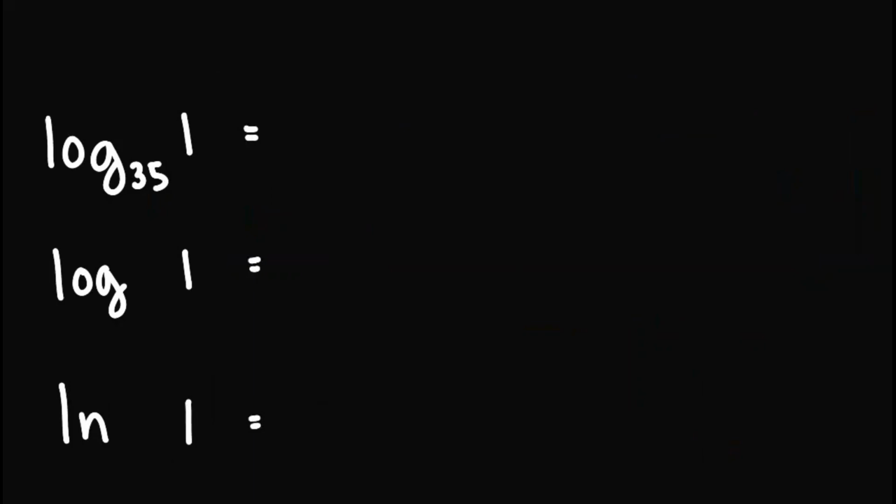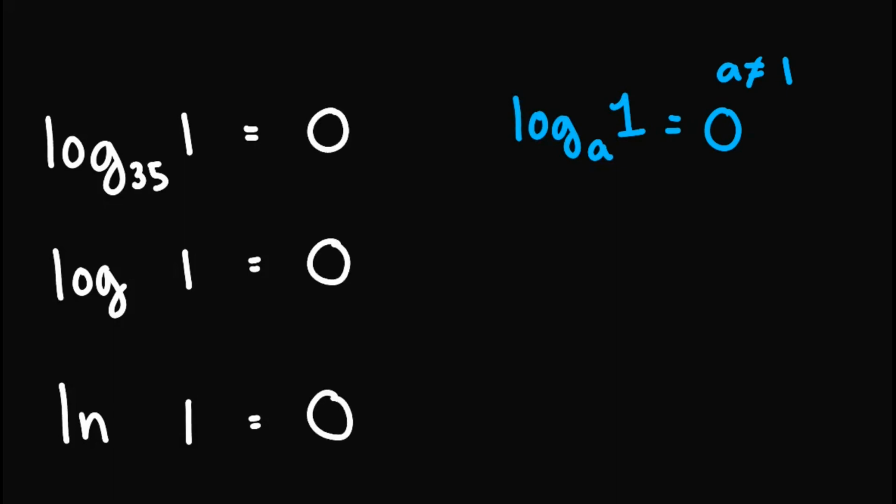Now, for this one, we don't really need any complicated solutions, since we have a certain property wherein if we have the logarithm of 1 with respect to base a, wherein a is not equal to 1, the outcome for this one is simply 0. So applying this to what we have, the outcome for these are simply 0, 0, and 0.